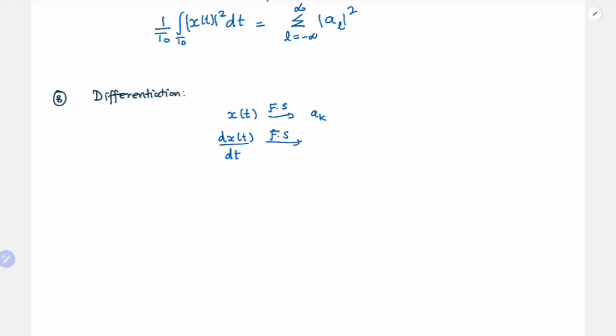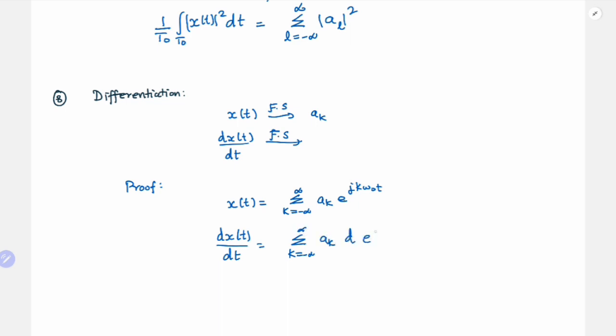Let me show the proof. We have x of t is nothing but summation k equal to minus infinity to infinity a_k e power jk omega naught t. If we take the derivative on both sides, you can see all a_k are constants, so only this term will be in the derivative.